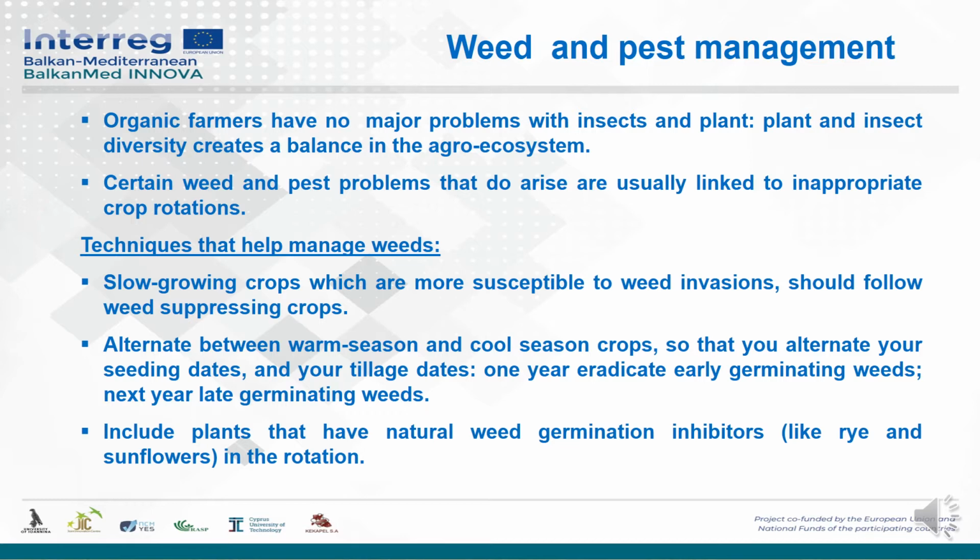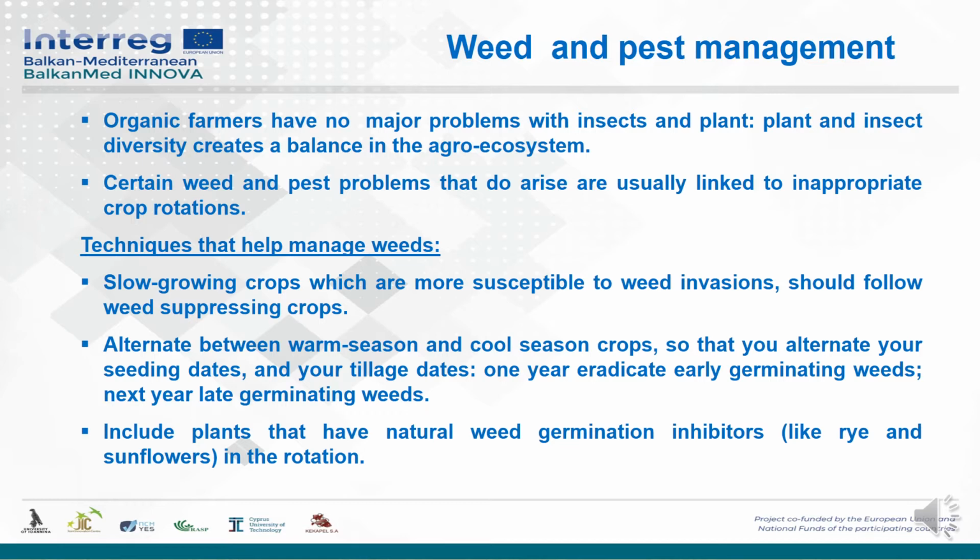By changing these dates of seedling and doing tillage, one year you can eradicate early germinating weeds, and the next year, changing the time of doing these activities in the farm, you suppress late germinating weeds.